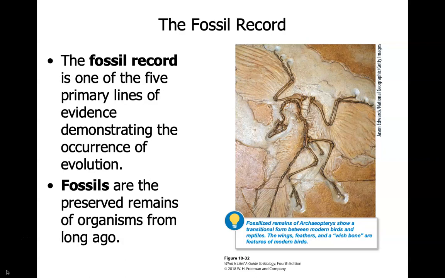We can use fossil evidence to reconstruct lineages and to follow the development and progression of certain traits within particular individuals. And this allows you to see the relationship between organisms, even though you can't see a living common ancestor.